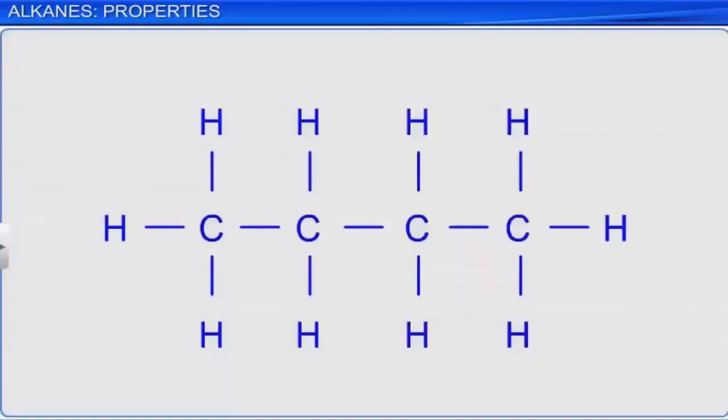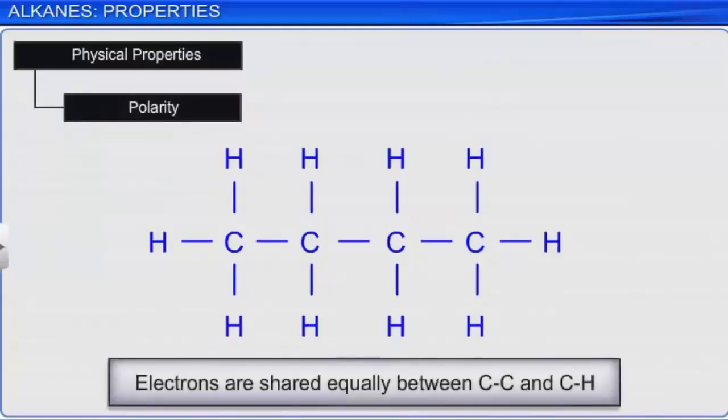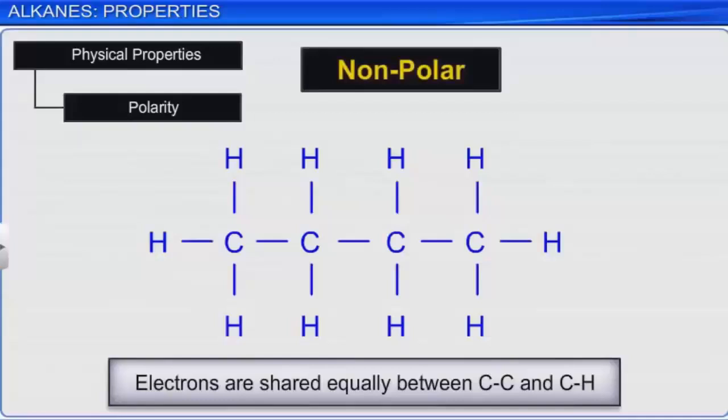As we have learned, alkanes consist of only carbon-to-carbon and carbon-to-hydrogen single bonds. These bonds are covalent, and the electronegativity between two carbon atoms or between carbon and hydrogen is almost negligible. Hence, the molecules formed are non-polar.